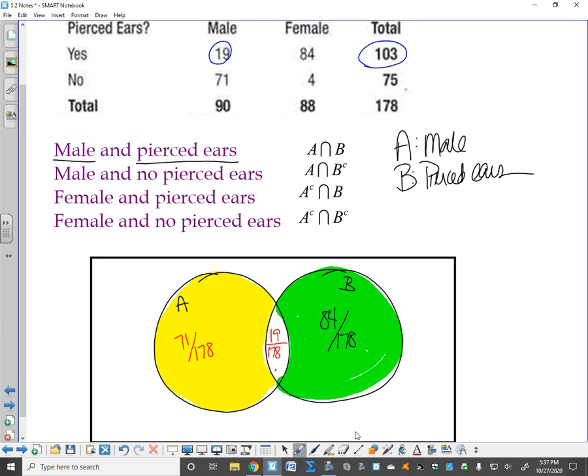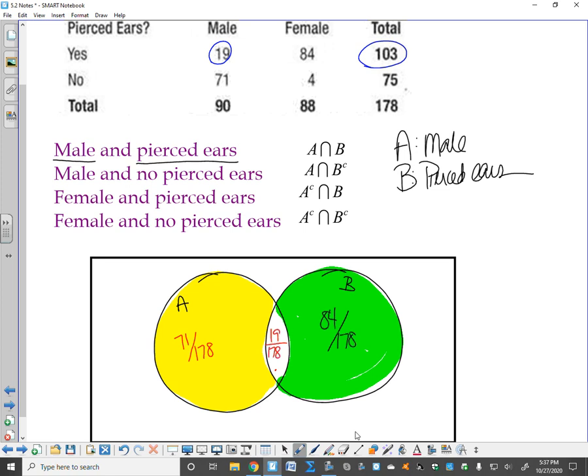Again, that middle wedge, that 19 over 178, are the males that have pierced ears. So that 19 gets counted with the 71 to make the 90, and it gets counted with the 84 to make the 103. Stop for a second, chew on that. Make sure you understand, okay? And if you don't, star it and ask about it tomorrow in class.